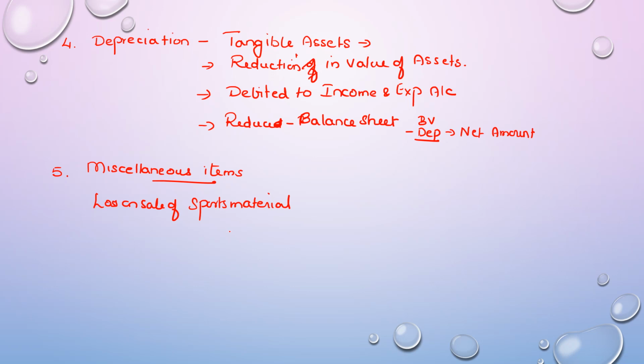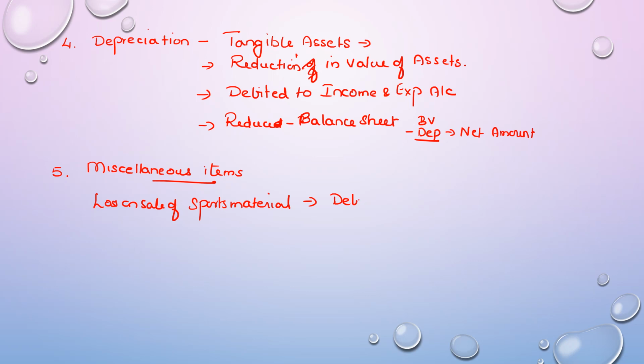There might be sports material, when we are talking about a sports club, which might be sold off during the year. So we would be ascertaining whatever is the purchase made during the year, netting it out against the sale, and ascertaining whether this is a gain or loss. When it is a loss, it would come on the debit side.